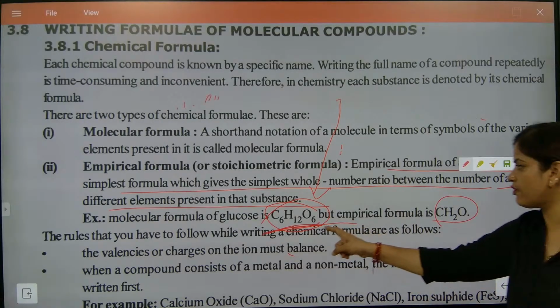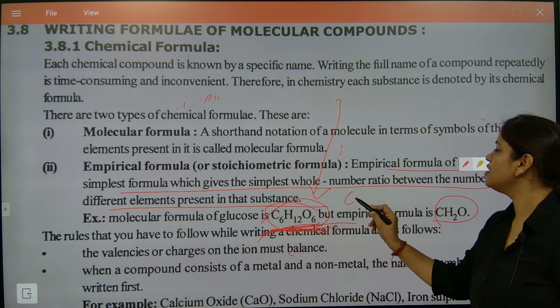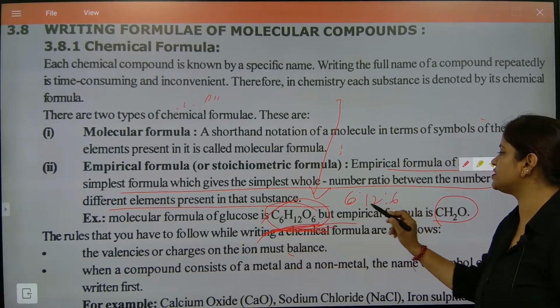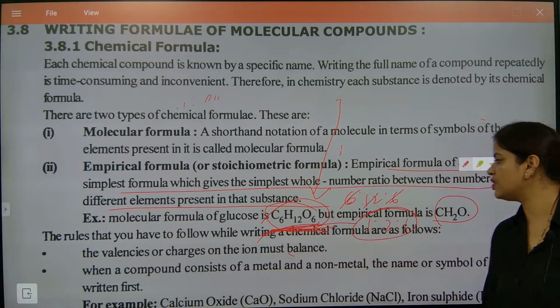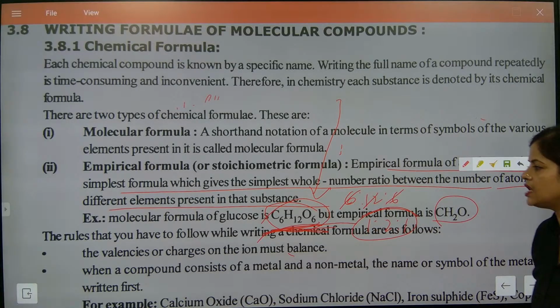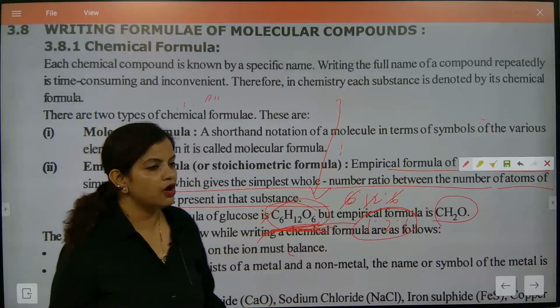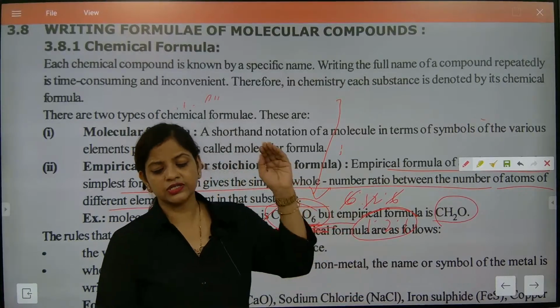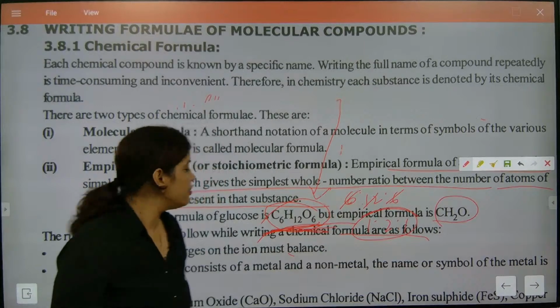This is the molecular formula. Now what is the ratio? 6 is to 12 is to 6. After cancelling, 1 is to 2 is to 1. So this will be the empirical formula. The simplest presentation of a compound is the empirical formula.